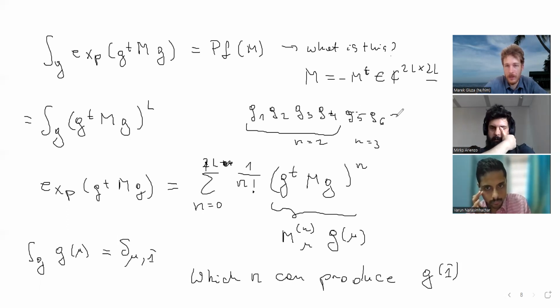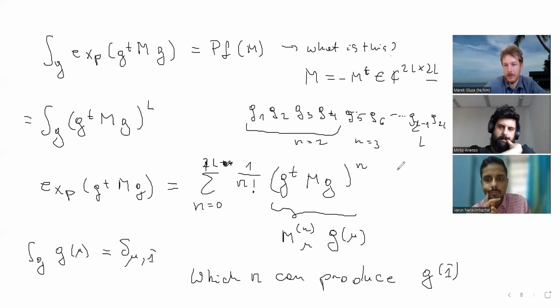So L equals 3, and then we continue this until G_{2L-1}, G_{2L}. So I needed L powers to do that. If I use too few, then whatever pairs I have, either they will overlap and drop out, or they will be non-trivial, but they will give me something which is lower. So I need to have precisely N.